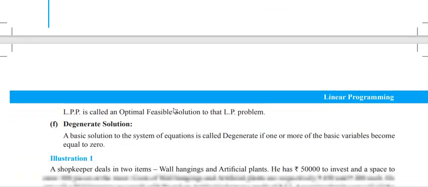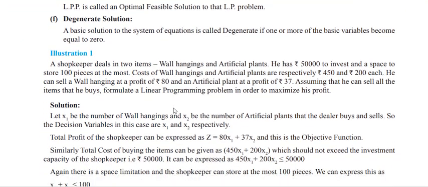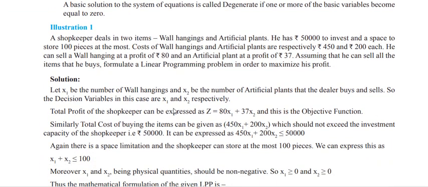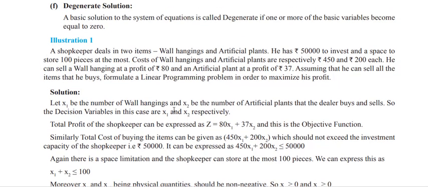I think when we solve our problems, we will naturally learn all those things. So let us start our very first illustration of this topic, illustration 1. I am reading this illustration 1, right?